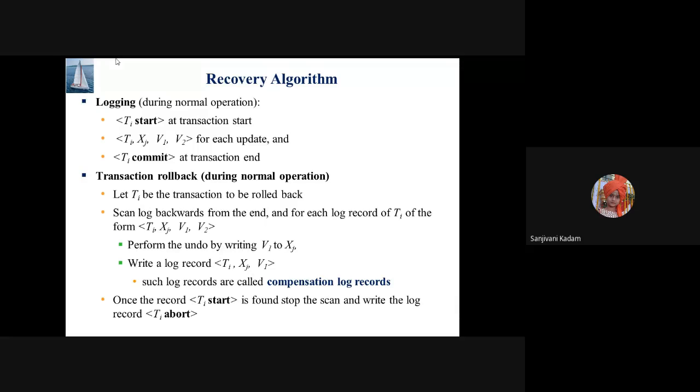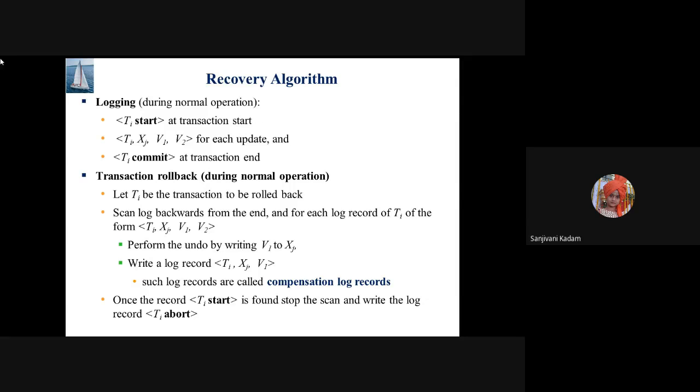Any other statement in a complete transaction will not write a log record. Only three statements perform a log entry: transaction begin, transaction end, and write X. These are the only three statements which are added to the log or which result in a log entry.